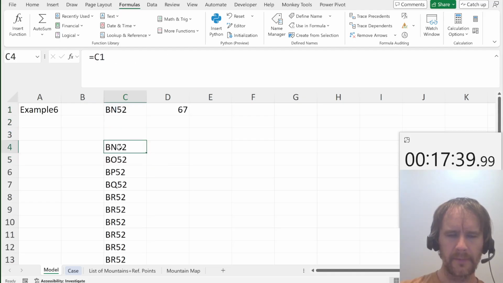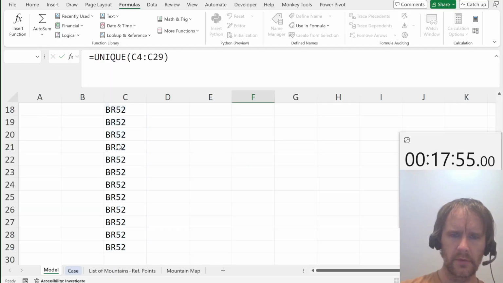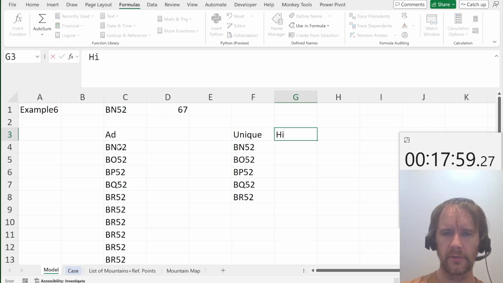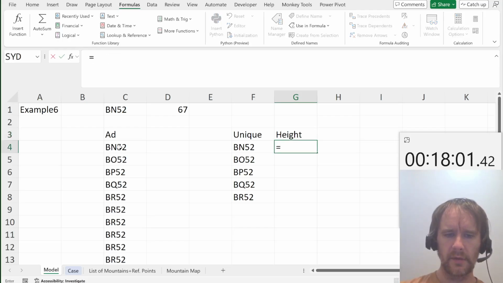Okay. Then, so this is address. I think I just want unique addresses. So that'll simplify things, yes. Height. And that is 2ref of this stuff on MP.